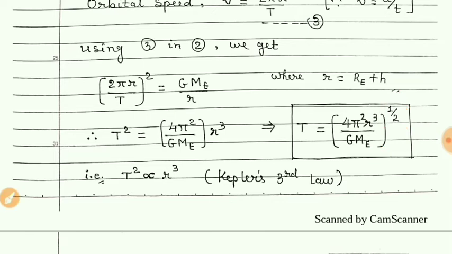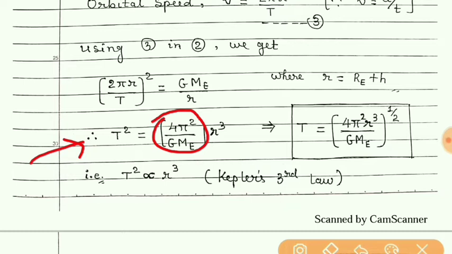Now students, here in this equation, this term which is in the bracket, all these quantities are constant. This 4 is a number, pi is also a number, which is 3.14. G is the universal constant of gravitation, and mass of the earth is also not going to change, that will remain constant. So all these terms are constant here.